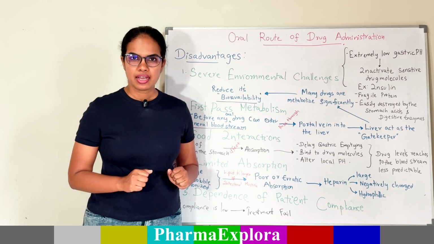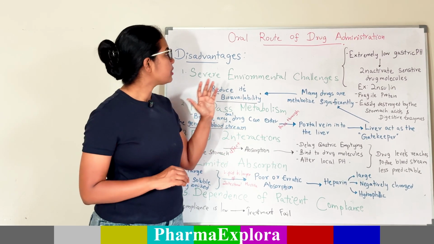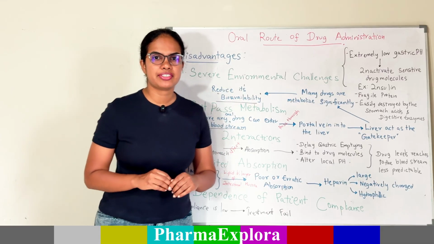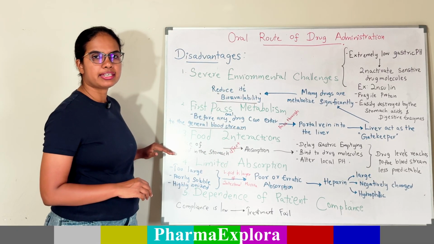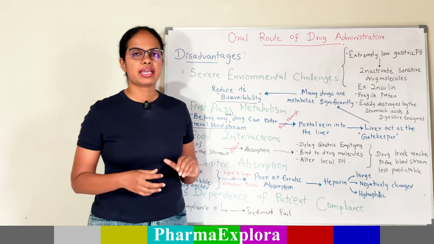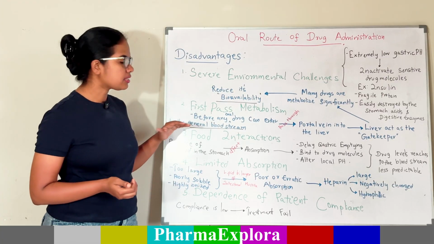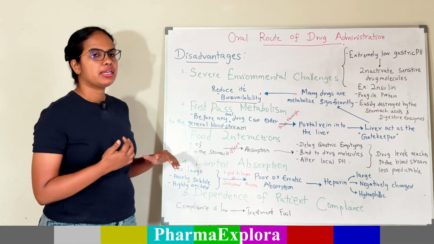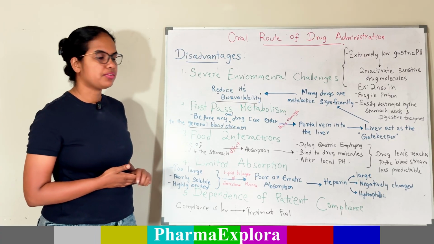Okay, now we are going to discuss the third disadvantage of the oral route of drug administration, that is food interactions. The presence of food in your stomach can affect the absorption of the drug molecules. How?